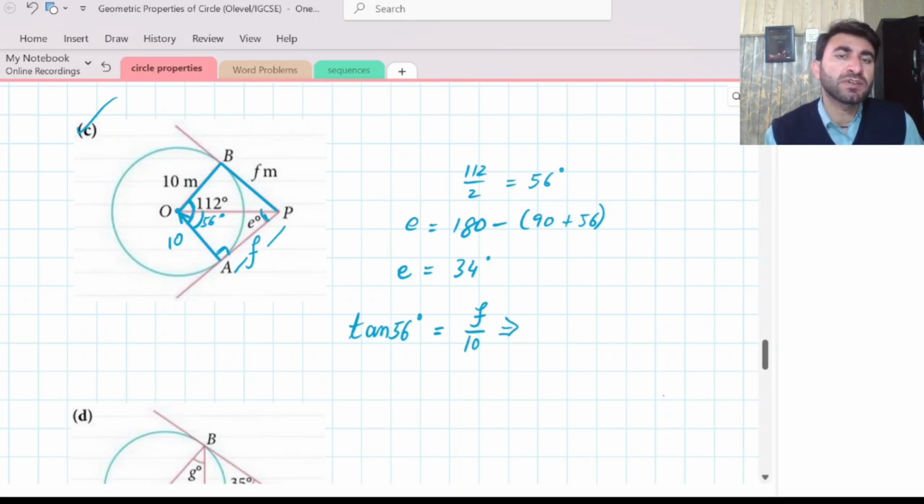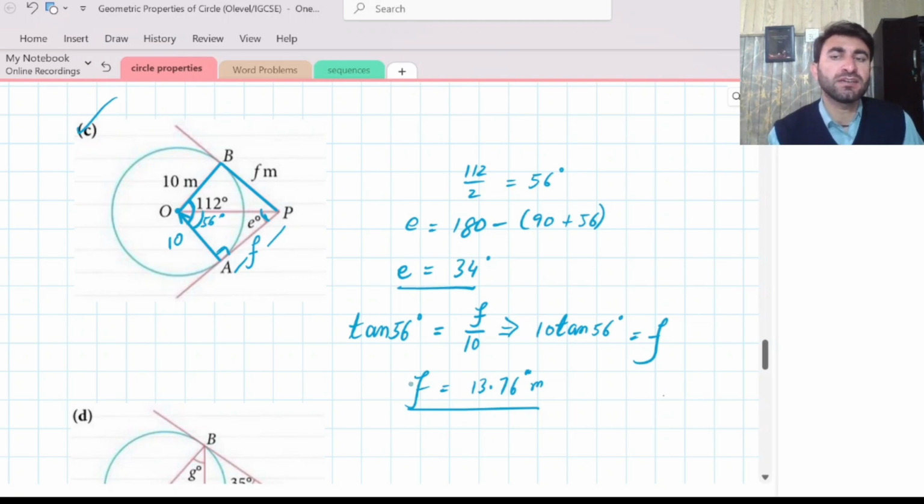So F shall become 10 times tangent 56, and that after calculation shall become 13.76. It is in meters. So these were the two unknown in this part, E and F.